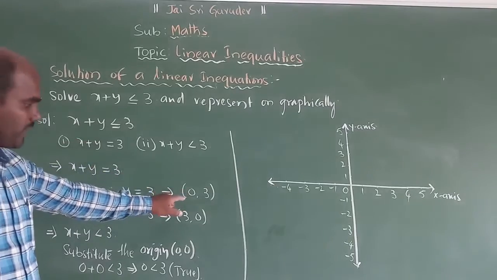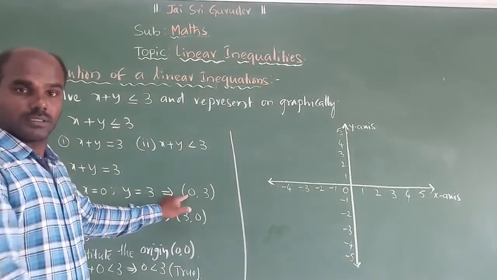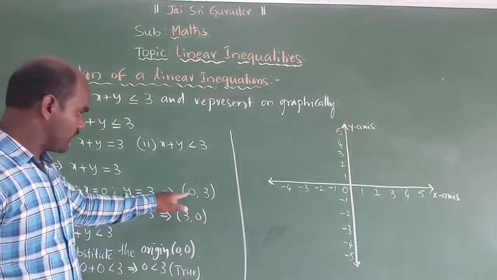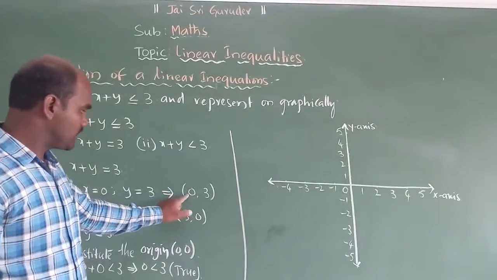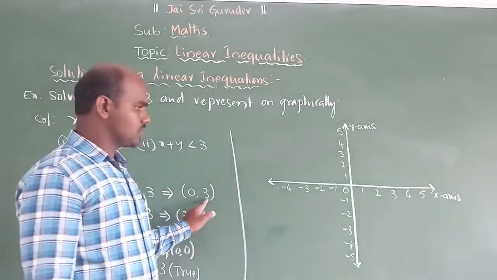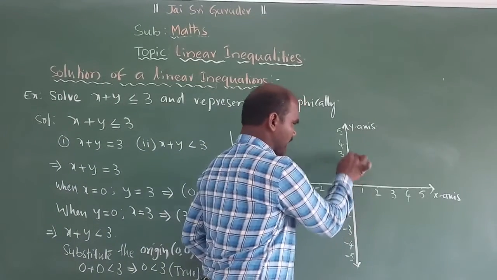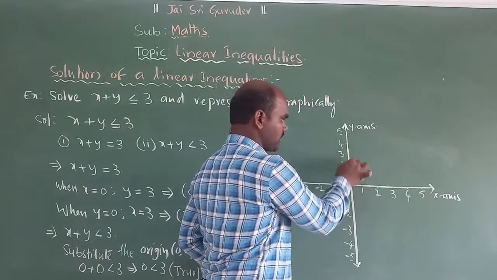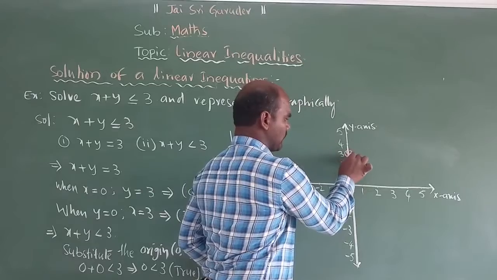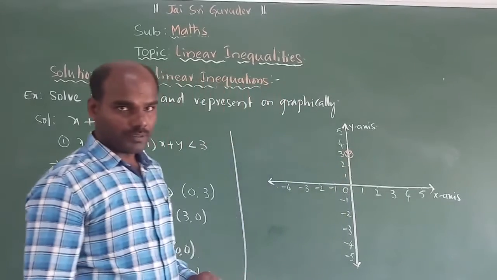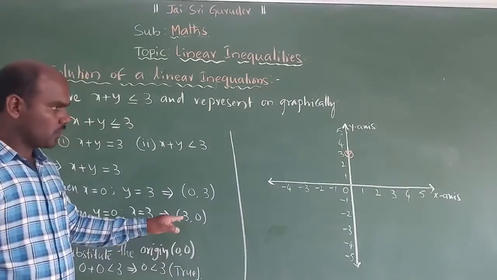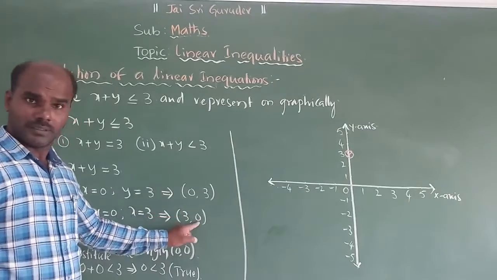The first point is 0 comma 3: 0 on the x-axis, 3 on the y-axis. The second point is 3 comma 0.